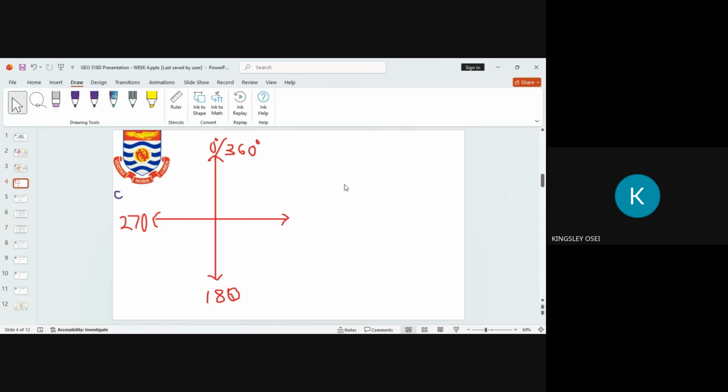When you are in the quadrant, the first one was the whole circle. So let me just draw a circle for us to see the connection. So I'm talking about the circle concept this way. So that's the circle.